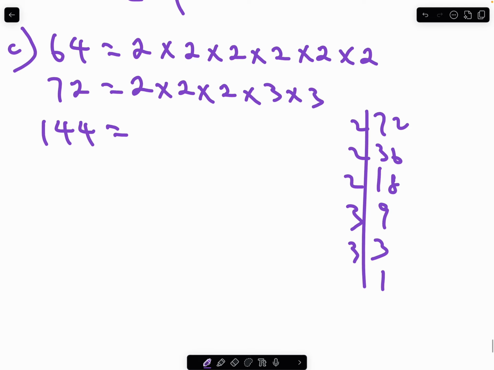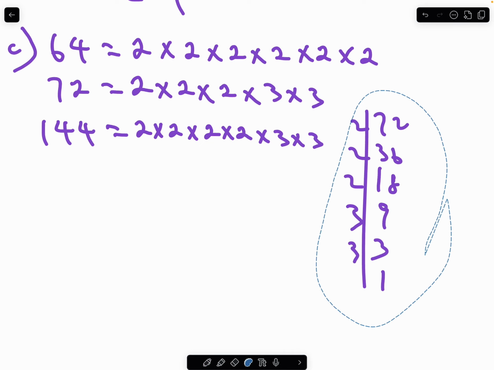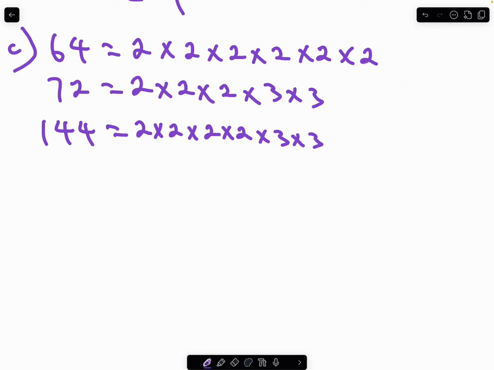And 144, if you check that, this is what you have. 2 times 2 times 2 times 2 times 3 times 3. That's 144 as a product of its prime. Now, the HCF. There's a 2 here, there's a 2 here, and there's a 2 here.